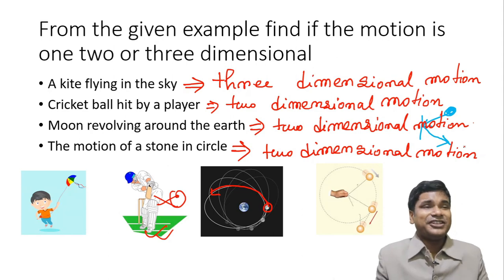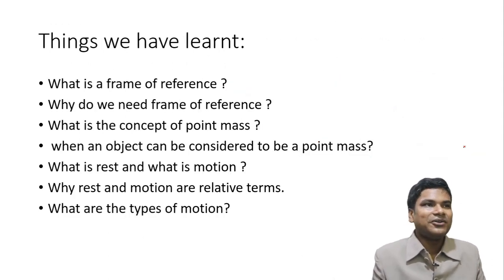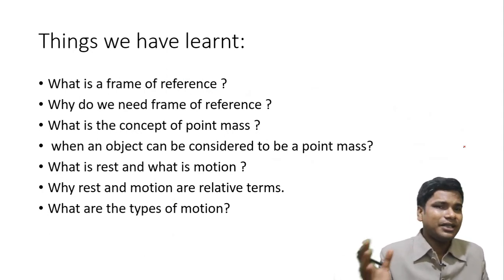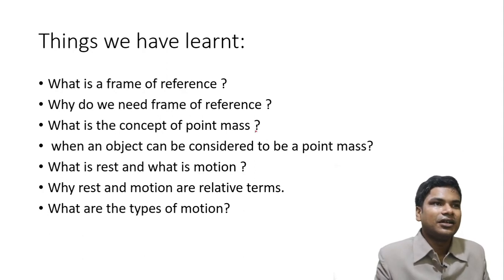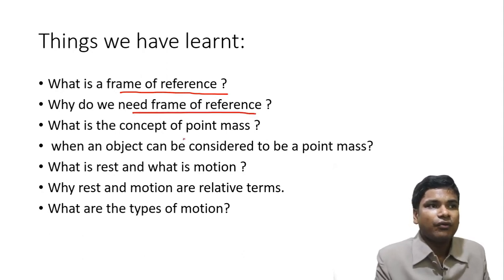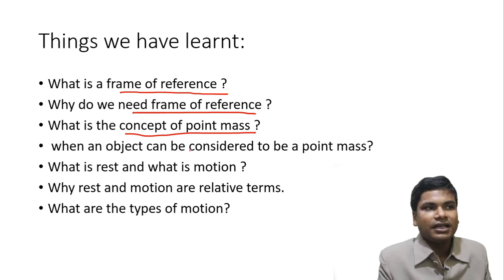So I hope you have loved this questionnaire and the discussion session. Now in this total discussion, what are the things we have learned? Let me quickly recapitulate. We have understood what a frame of reference is and why we need a frame of reference. Next, the concept of point mass, and when an object can be considered to be a point mass.